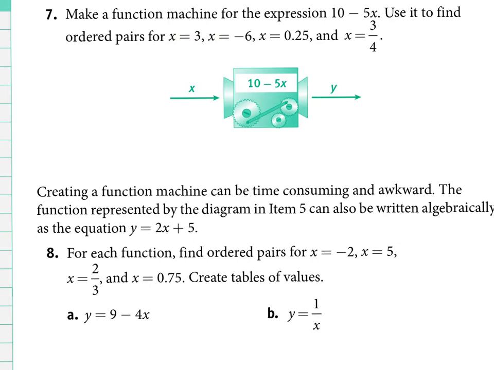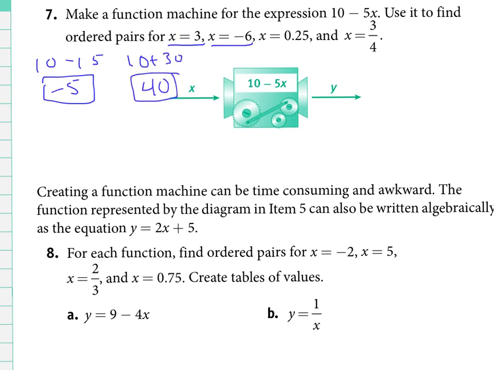Okay. For your first one, x equals 3. You should have gotten 10 minus 15, which would have been negative 5. For your second one, you should have gotten 10 plus 30, which is 40. Now for a little more complicated one, 0.25.